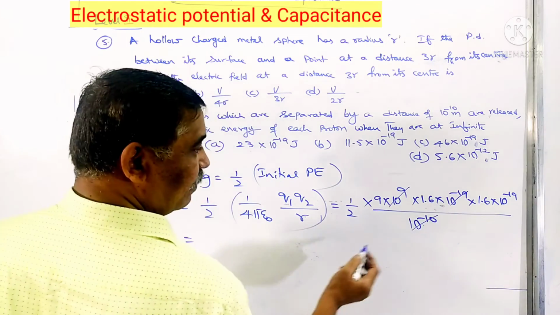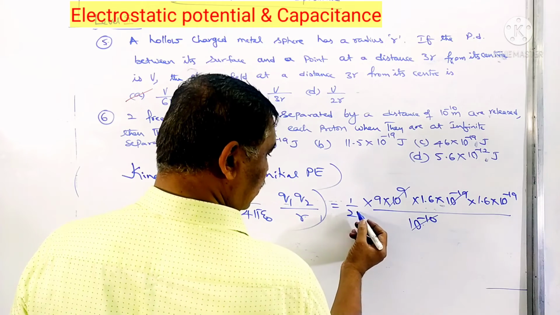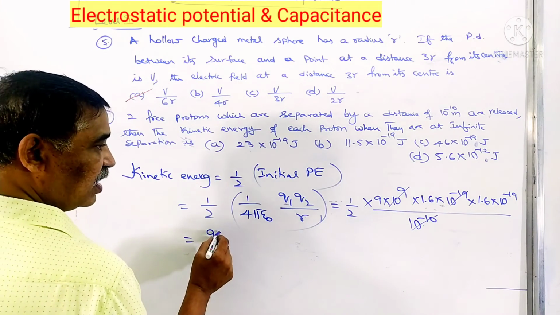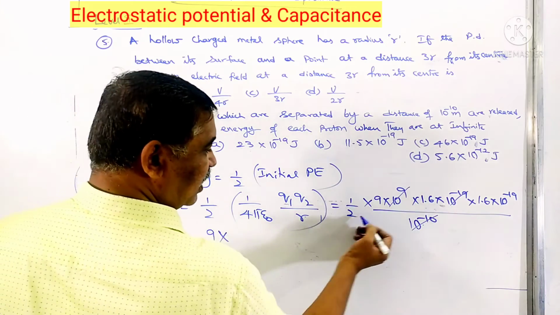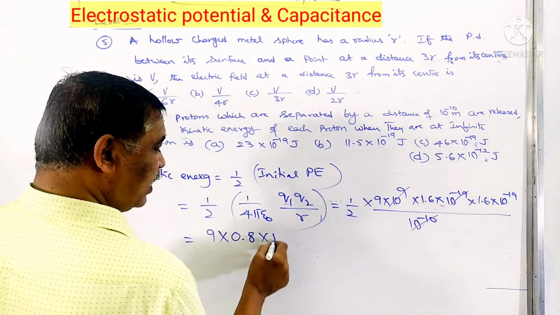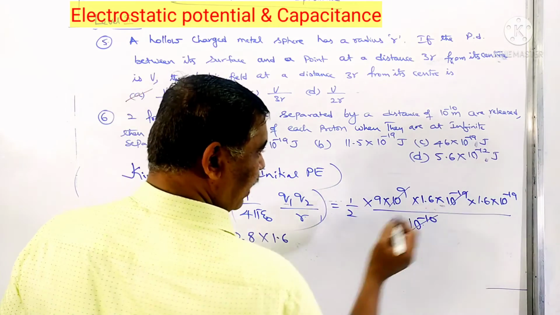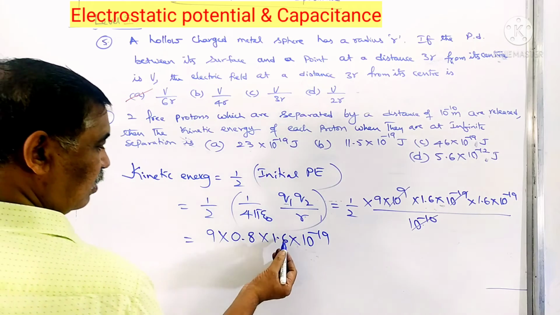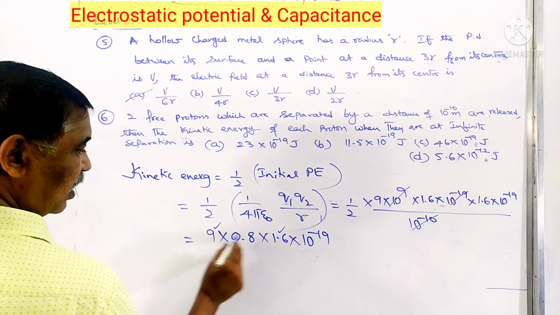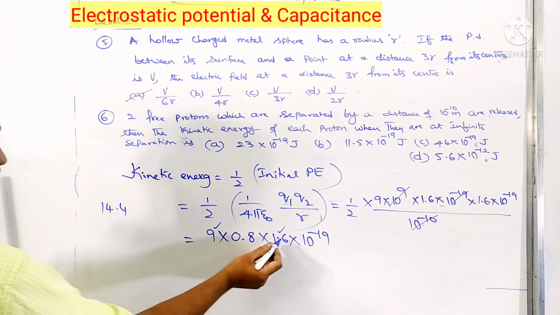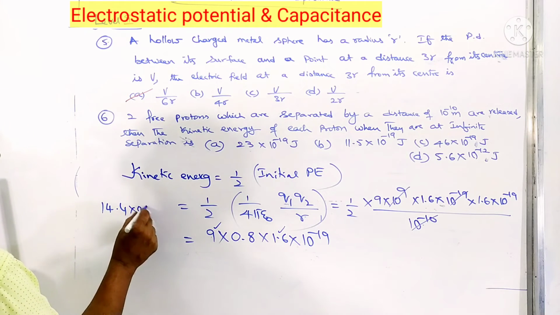Remaining things will simplify. Now this 2 into this, in the numerator I have 9 into 1.6 by 2, I read it as 0.8. Here I am left with 1.6. 10 power 9 minus 19 is also there. Now this 9 into 16, if I take it, 144, this becomes 14.4 into 0.8 we have to do.